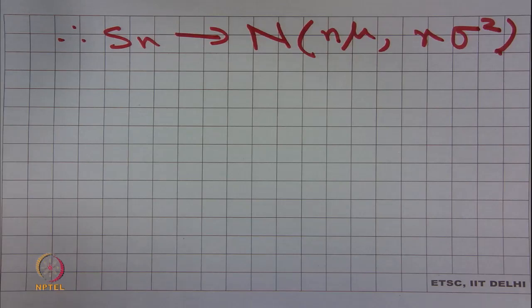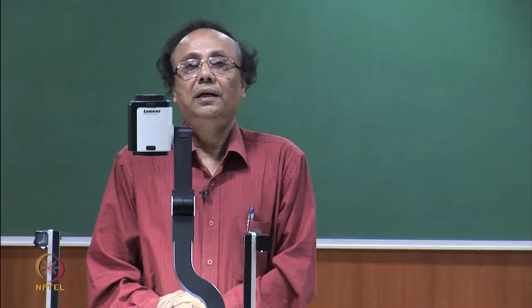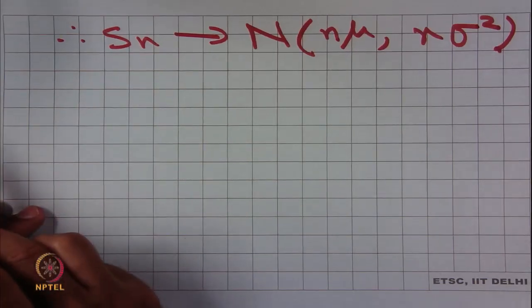Okay? That is the advantage. Therefore, if we take more and more samples, we can approximate the distribution of the sum of the random variables using normal distribution.